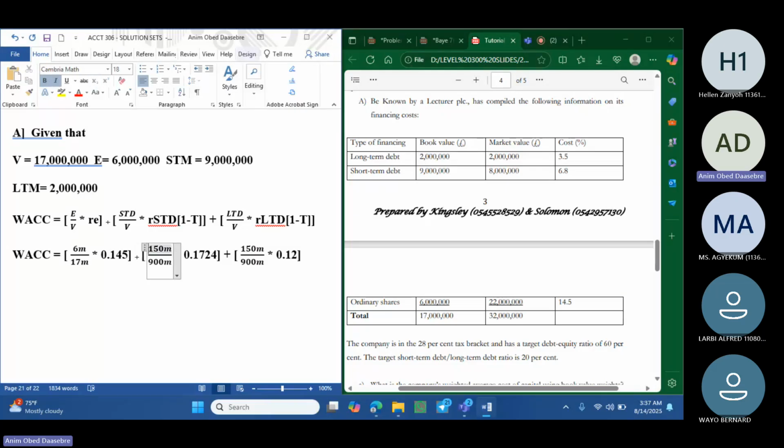Then move on towards short-term debt. Short-term debt is 9 million divided by 17 million times the cost of short-term debt. The cost of short-term debt is 6.8%, which will give us 0.068.